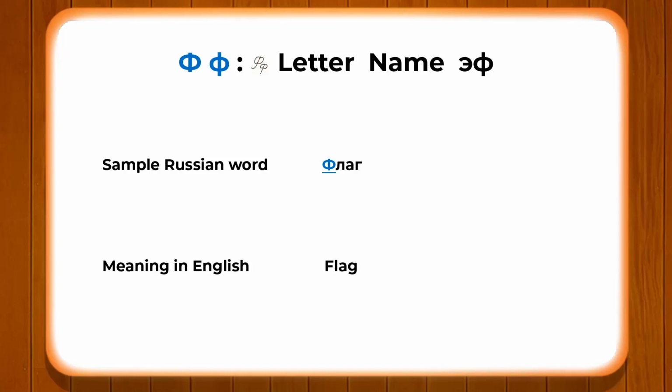The color scheme you can see, so that after learning these sounds you can also learn certain other important aspects of Russia in which the flag plays an important role.